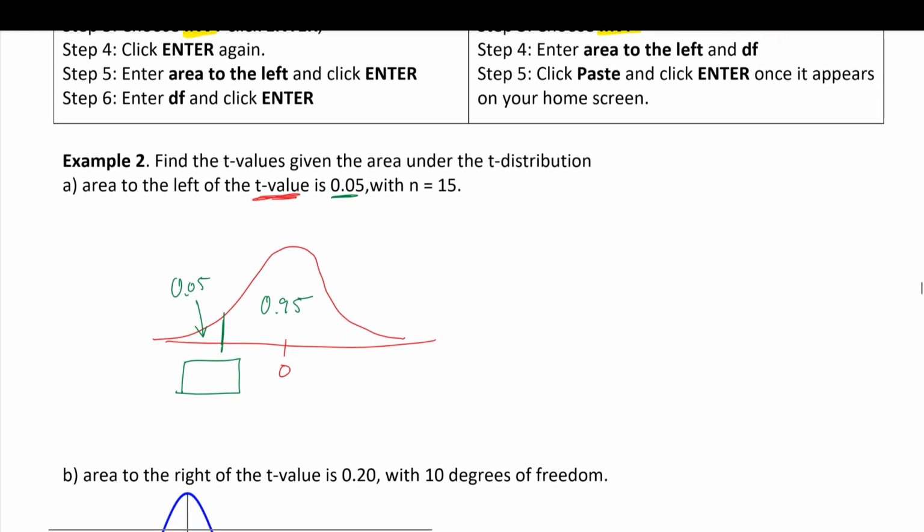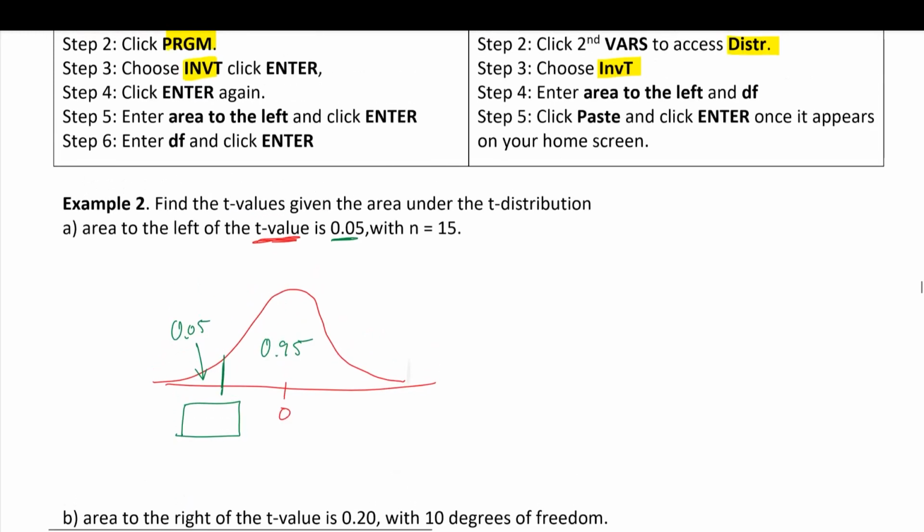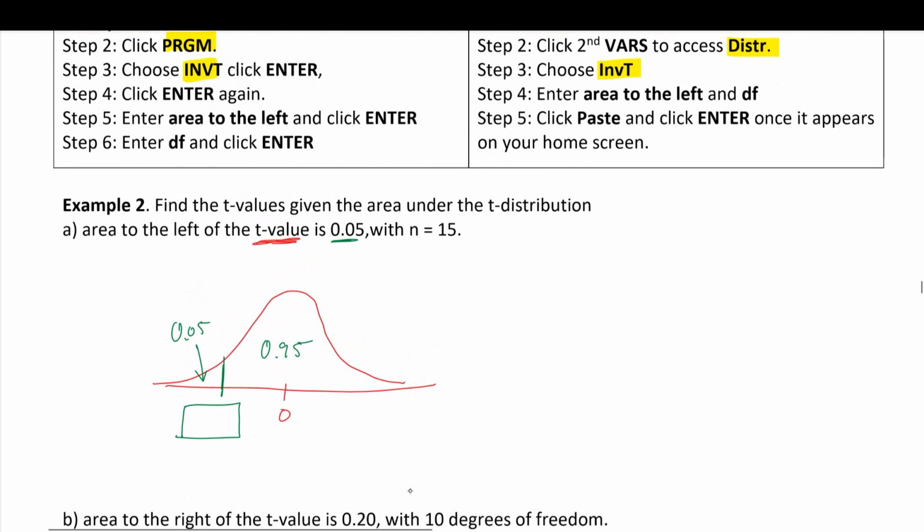Now, how do you find this value on your calculator? This is going to be inverse, not normal, but inverse t. The inputs are area to the left and then degrees of freedom.